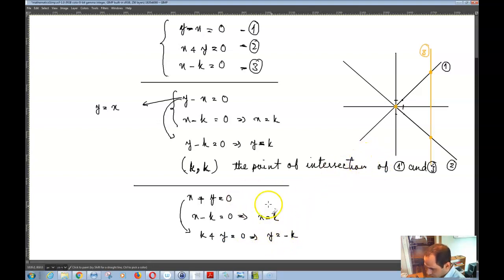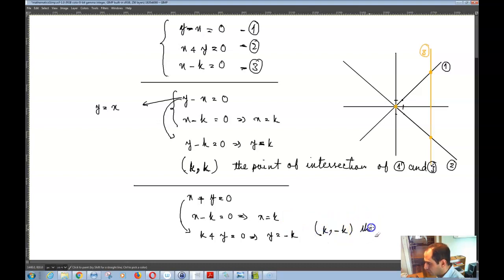And that does make sense as well, because the slope of this line is basically negative 1. So any input that you give to this line, it will give you basically the algebraic opposite of the same input, meaning that the point of intersection of basically 2 and 3 would be basically k comma negative k.